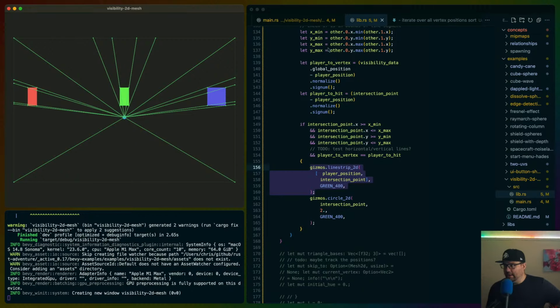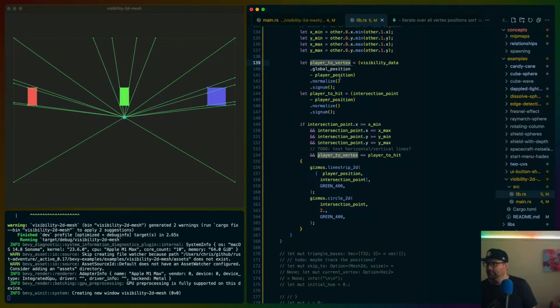I think I like gradient. I think I'm gonna use gradient, even if it's not perfectly accurate. The normalize will break if the player is exactly the same position as the vertex or hit. I think that's okay. We'll figure out if that's okay or not, but I think for the moment that's okay.